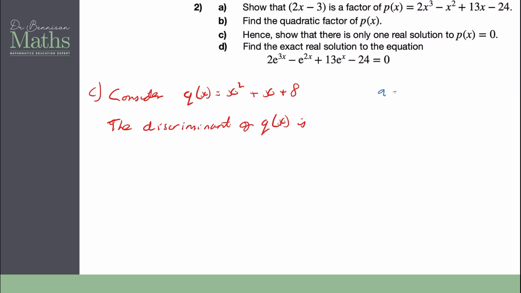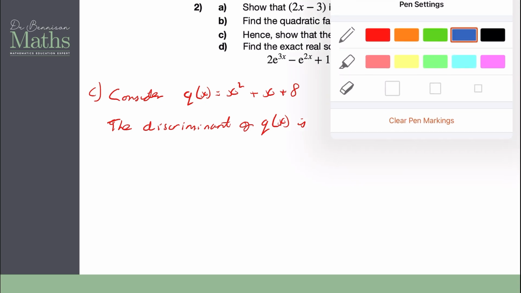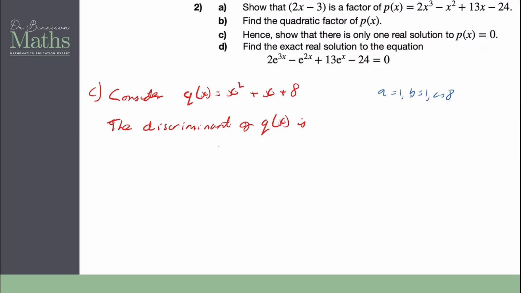So a equals 1, b equals 1, c equals 8. So I can now calculate the discriminant. So the discriminant is 1 squared minus 4 times 1 times 8, which is 1 minus 4 lots of 8 are 32, so minus 31.